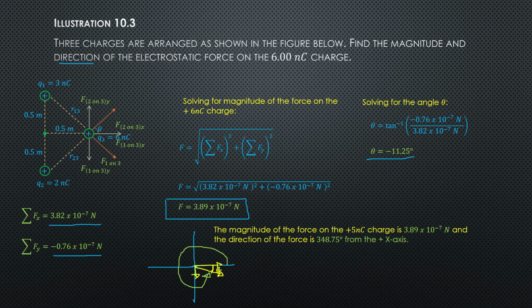Therefore, the magnitude of the force on the 6 nanocoulomb charge is 3.89 times 10 to the negative 7 newtons, and the direction of the force is 348.75 degrees from the positive x-axis.